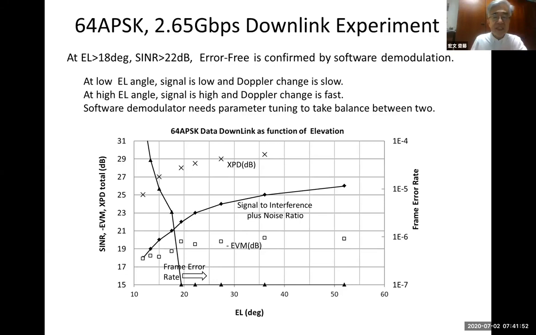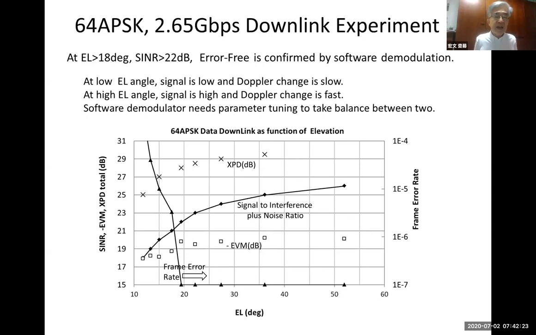And at elevation 18 degree, SINR is 22 decibel, and the error free is confirmed by software demodulation. And then higher elevation angle, SINR increase, and then we continuously demodulated 2.65 gigabps downlink.